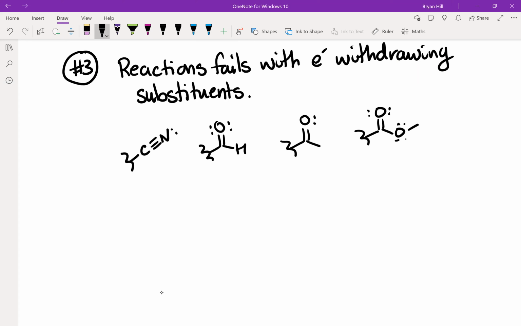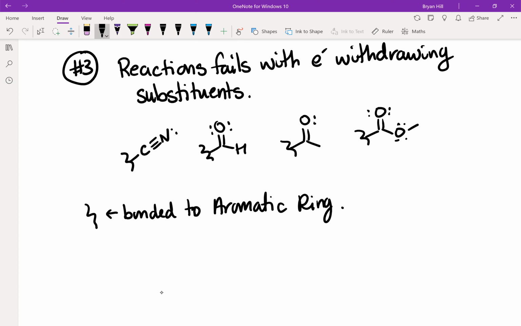So this squiggly line here means this is where it's bonded to the aromatic ring. There's a bunch of other groups, like even something like a protonated amine will also deactivate the ring.